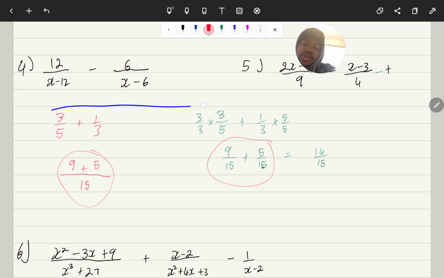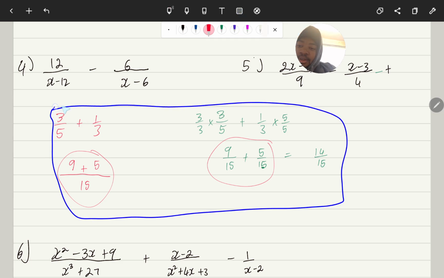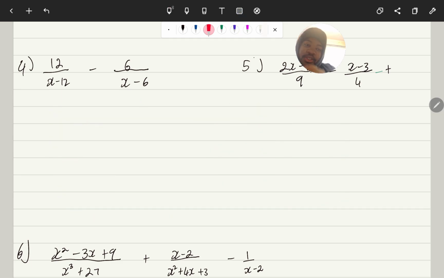Let's use a different fraction. I'm thinking 7 over 10 minus 11 over 13.